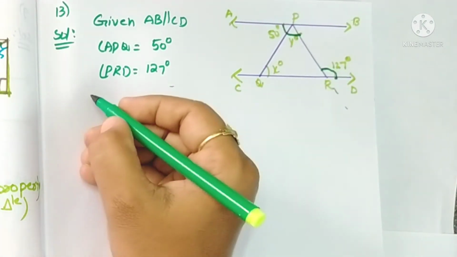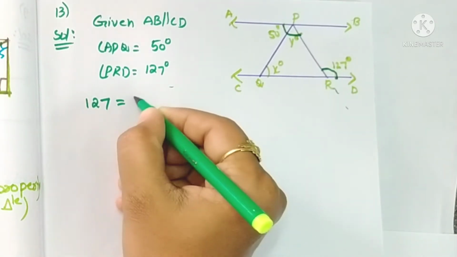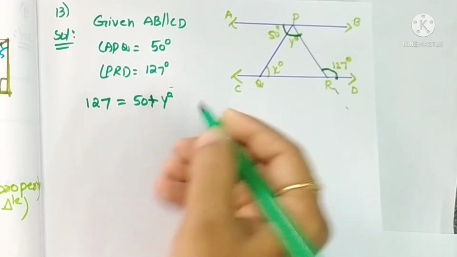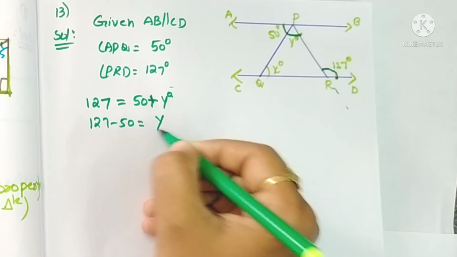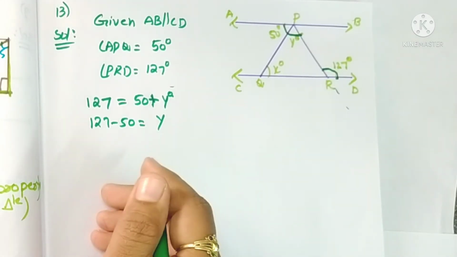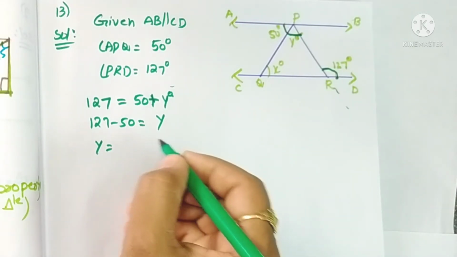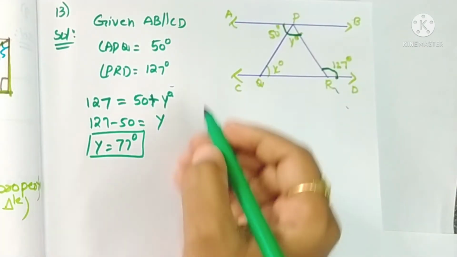So alternate angles are equal now. So 127 degrees is equal to 50 plus y degrees. Then 127 minus 50 equals y. So after subtracting, y equals how much? It is 77 degrees. So y equals 77 degrees.